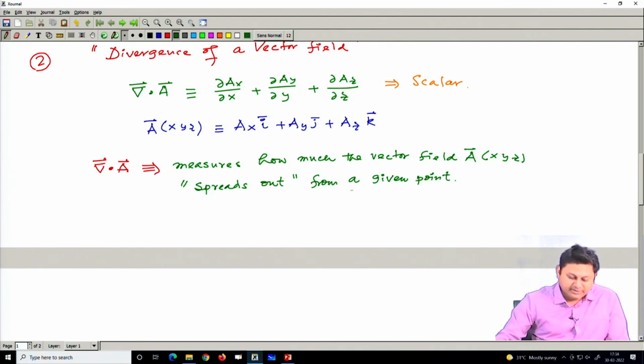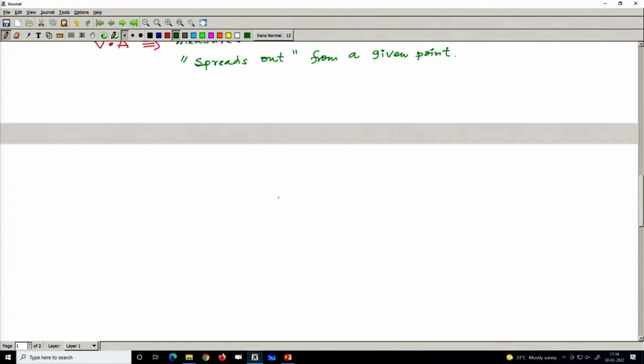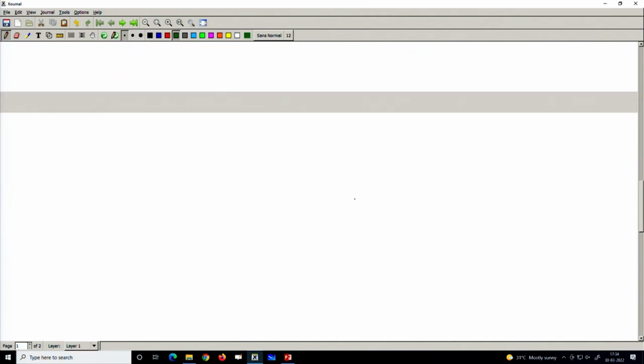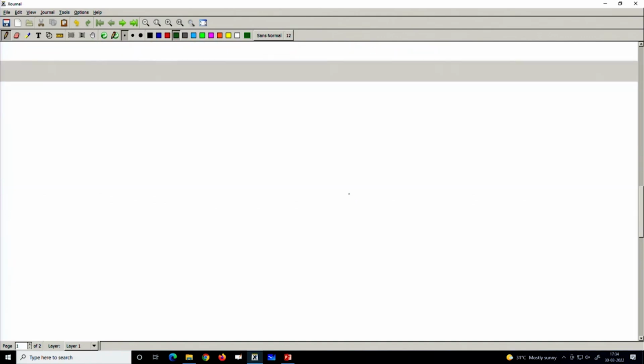So, with this divergence we basically find out that for a given point how this vector field is spreading out, how much.